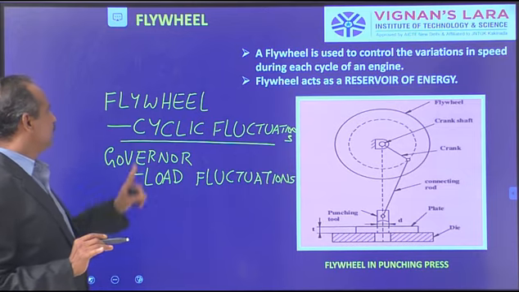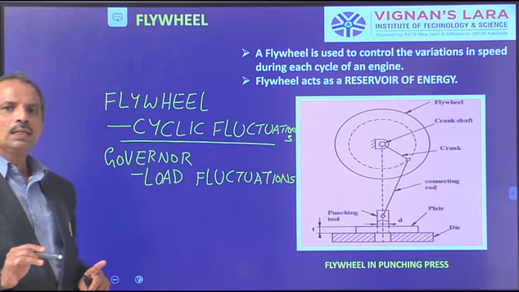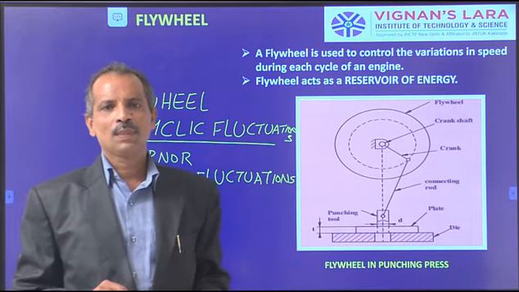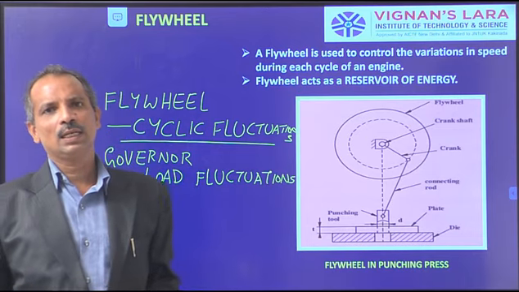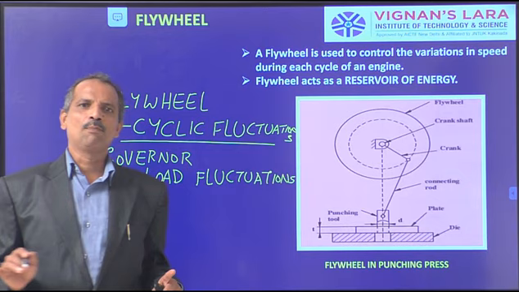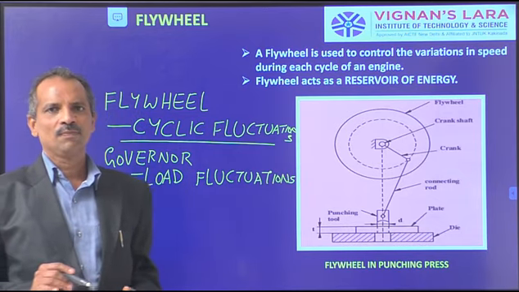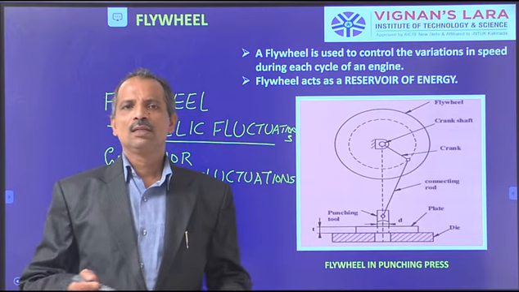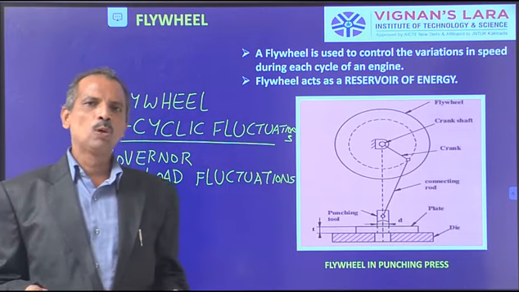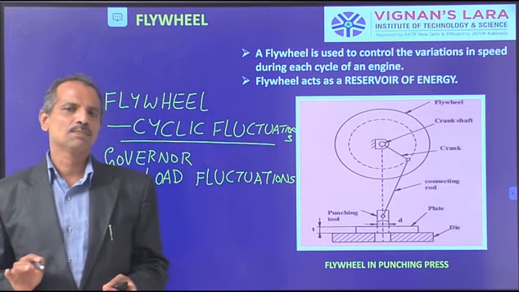Let us see what is cyclic fluctuations. Let me give a simple classical example like this. We have in general 3 seasons: winter, summer, rainy. Whether it is happening that way as of today, true or not, keep it aside, but we have these 3 seasons.